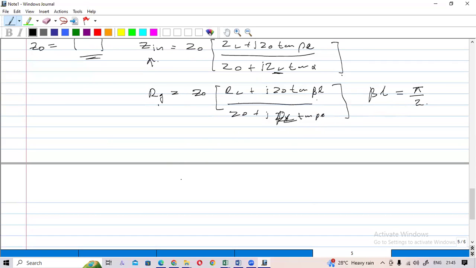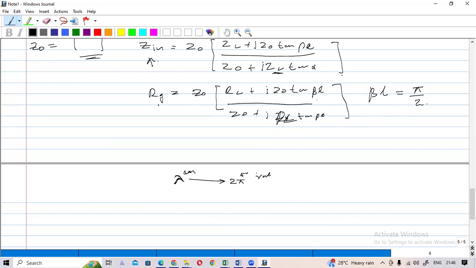We know that if a wave travels a distance of lambda, that means the wavelength, the corresponding angle is 2 pi.